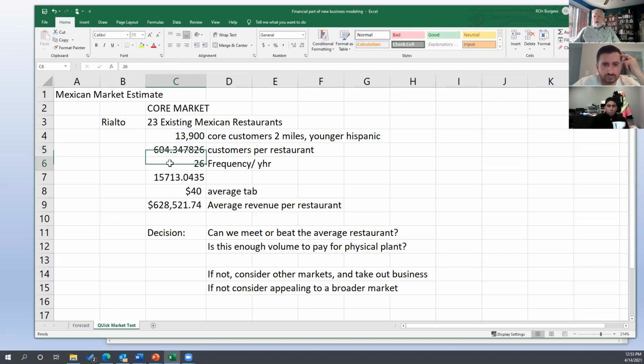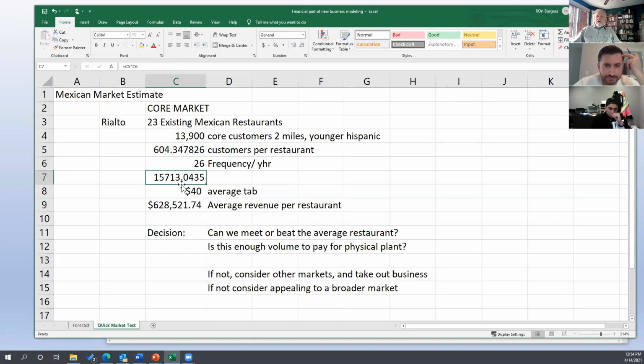How often are they going to come in? Well, I figured every other week. Now, some restaurants like this have a weekly or maybe 2 or 3 times a week. So you can see how that number could change. But this is kind of the conservative one because we're trying to come up with a go or no go. And so the next thing we need to do is to calculate what that would be.